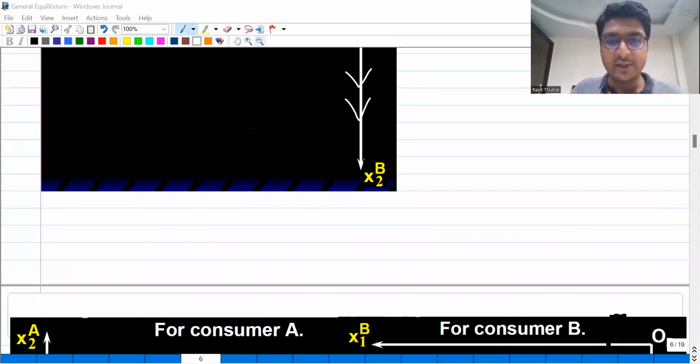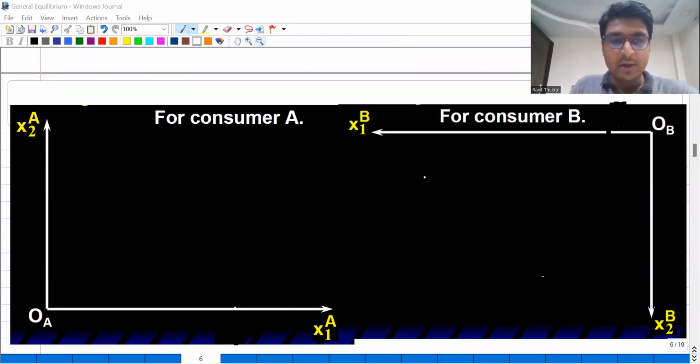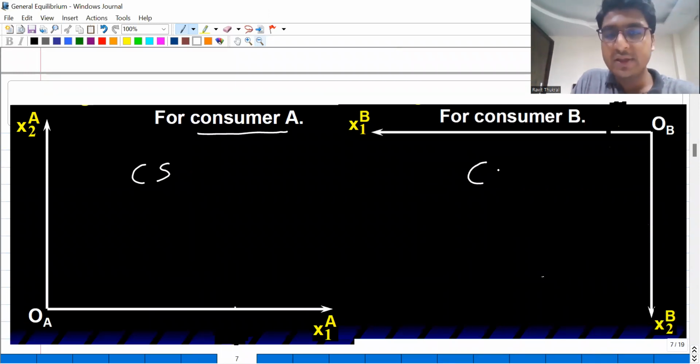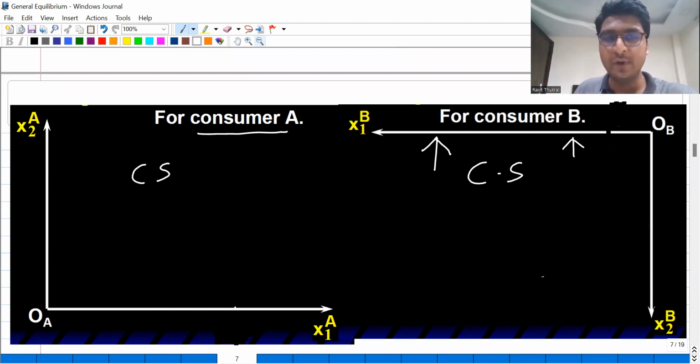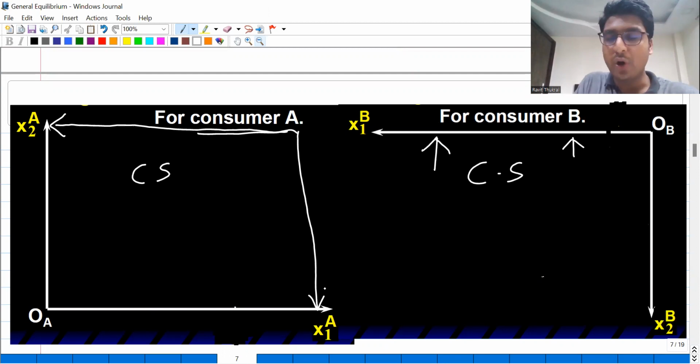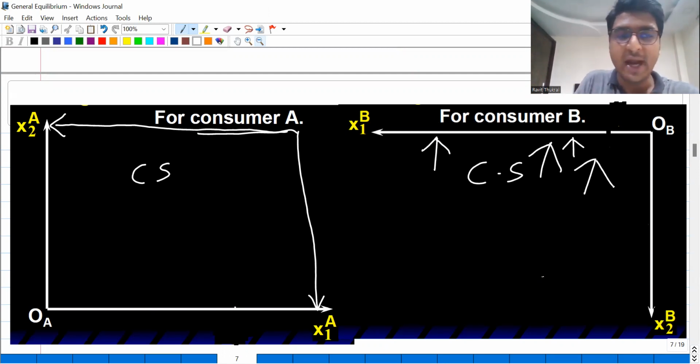So now what I can do is, ये है commodity space consumer 1 का, A का. This is the commodity space of consumer B. What I can do is pick the commodity space of individual B and keep it here, and it will look like a box. मैंने क्या किया है? I have picked this commodity space and placed it here.